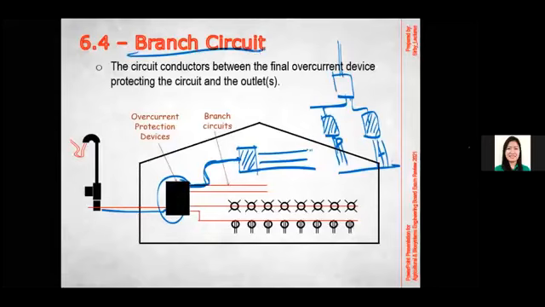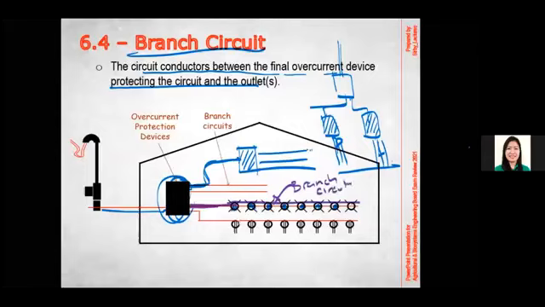Now, what is this branch circuit? This branch circuit refers to the circuit conductors between the final overcurrent protecting device and the outlets. So here are our outlets. This symbol is a lighting outlet. Okay, so from this outlet to this, this wire right here is our branch circuit.